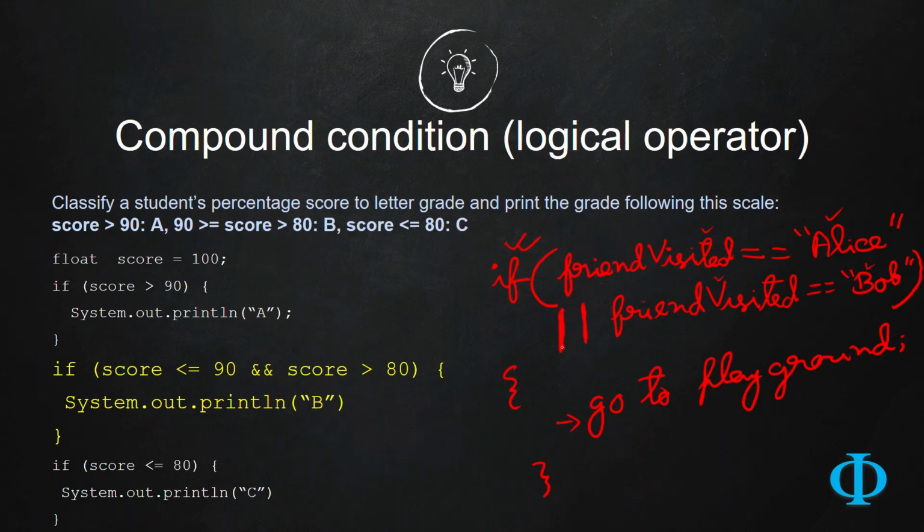Now the meaning of this statement is, if my friend Alice visits my house, or if my friend Bob visits my house, I will go to the playground. So that is the essence of compound conditions inside an if statement.